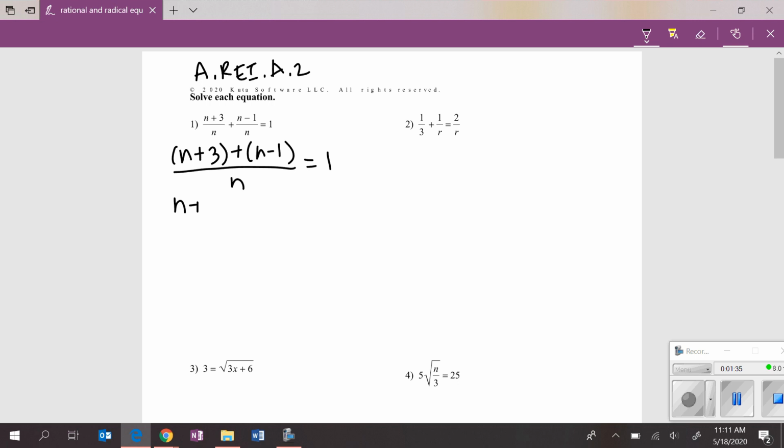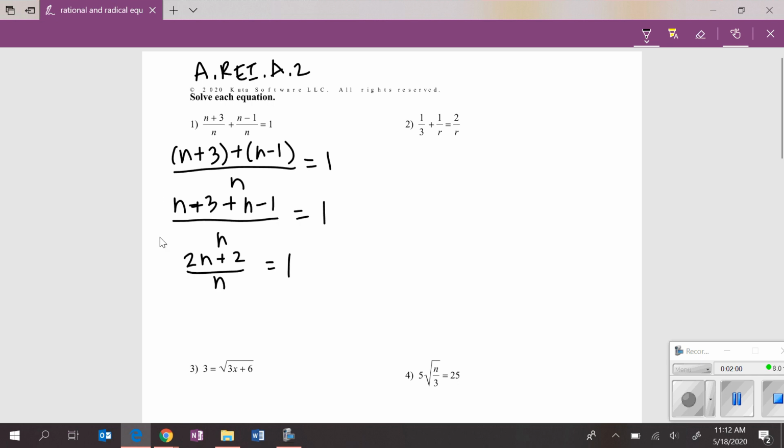So n plus 3 plus n minus 1 all over n. I added that extra parentheses. I've got two n's, and I've got a positive 3 and a negative 1. So I've really got 2n plus 2 over n. And don't forget to bring down my equals 1.